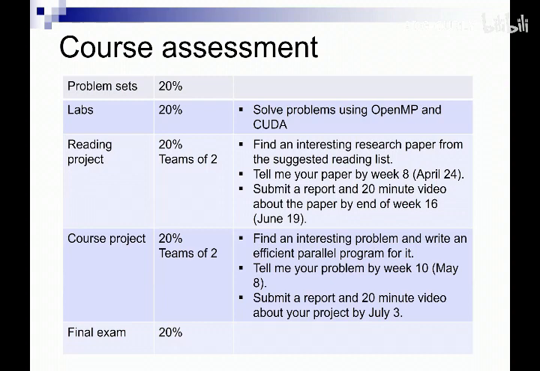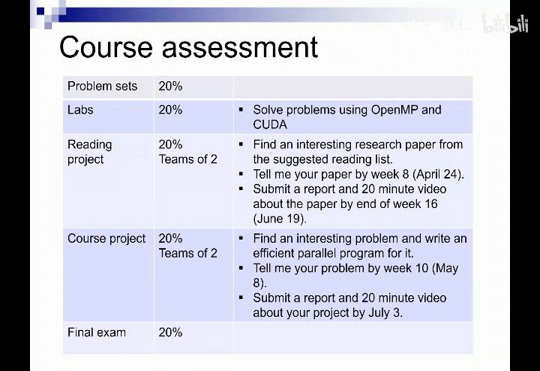For this reading project, I will propose a reading list, which I'll put online. The reading list is going to consist of interesting research papers on different research frontiers in parallel computing. From that list, you and your partner should pick a paper that you find interesting, and you should write a report on the paper.